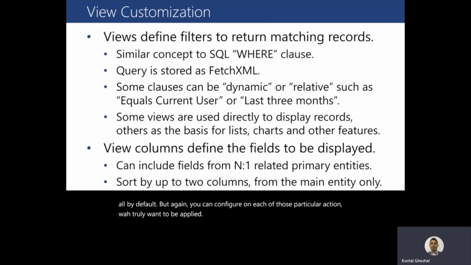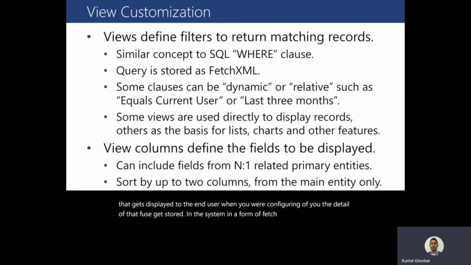Let's talk about view customization. Views are basically based on the filter or the where clause that you define from the customization, and this determines the record set that gets displayed to the end user. When you are configuring a view, the detail of that view gets stored in the system in the form of fetch XML.